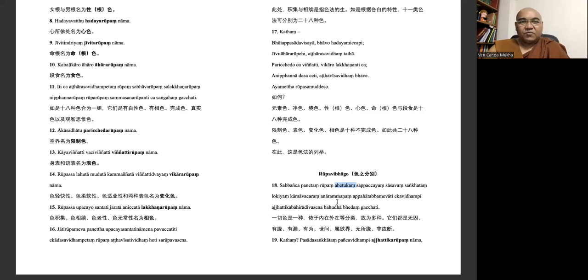For example, when we do good things, at that time the driving forces are aloba, adosa, amoha: no greed, no hatred, no delusion.